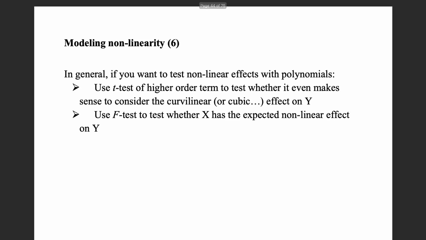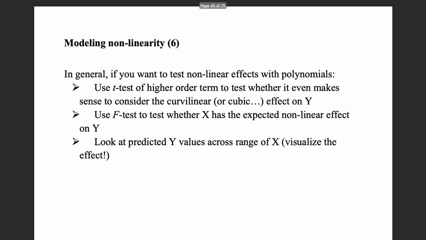But then also use the f-test to test the joint significance of all the terms that you need to represent the effects. Use that f-test to test whether your x variable has overall the expected nonlinear effect on your dependent variable.